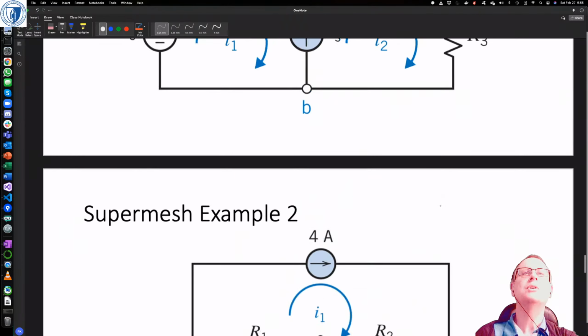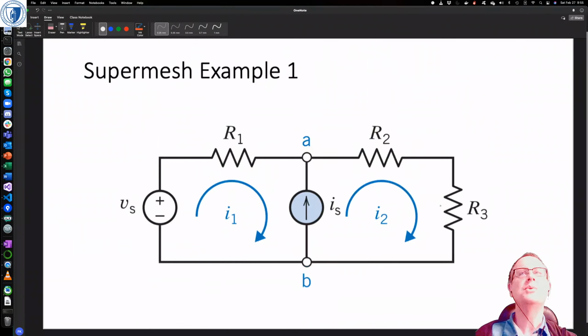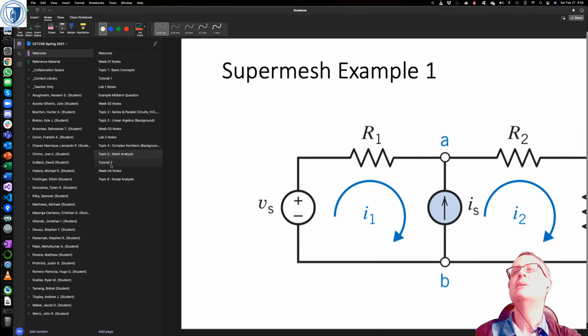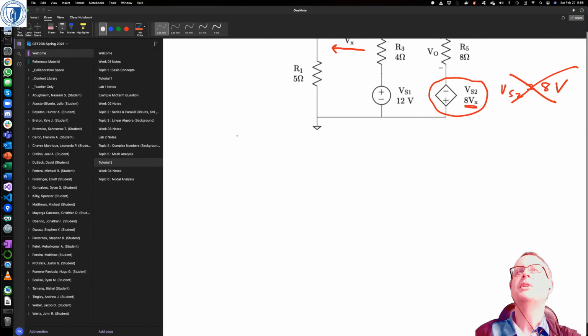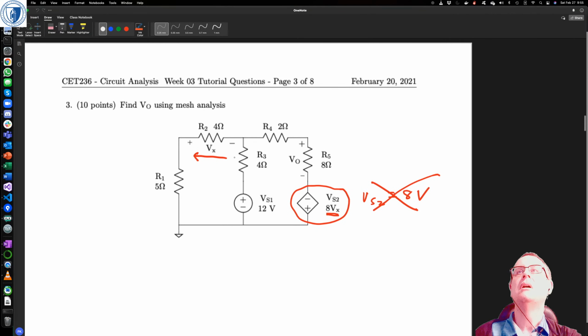I think what I'll do is I'll just quickly go through these two super mesh examples. Then we'll have a bit of a break, and then we'll come back and have a go at the tutorial. Let me just check the tutorial. I think I made that available last week.